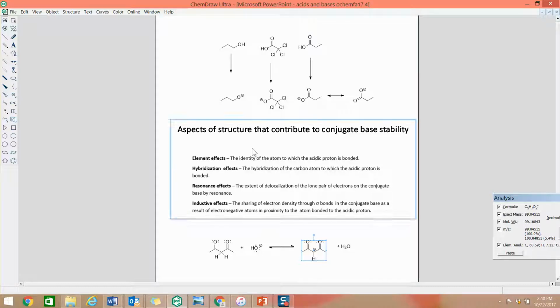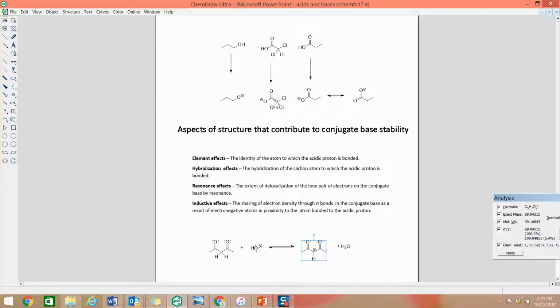And so you need to use these different aspects of structure to say, well, look, this structure is more stable than this one is because you can draw a resonance structure. And this structure is even more stable than this one or this one because you can draw both a resonance structure, the same sort of thing as the one shown on the right, and also there's the inductive effects of these chlorines.